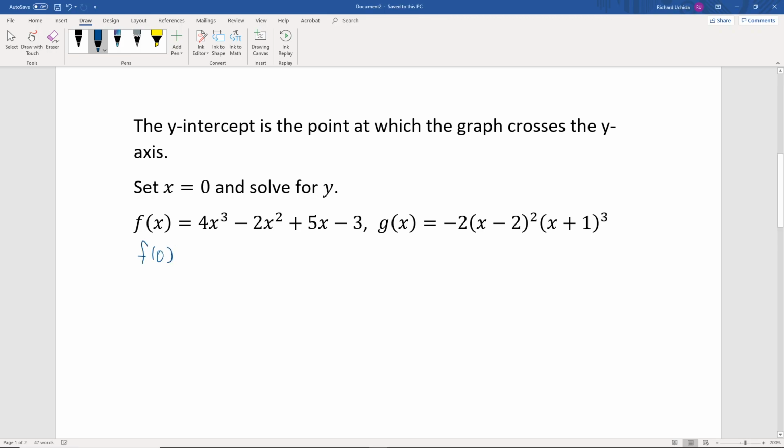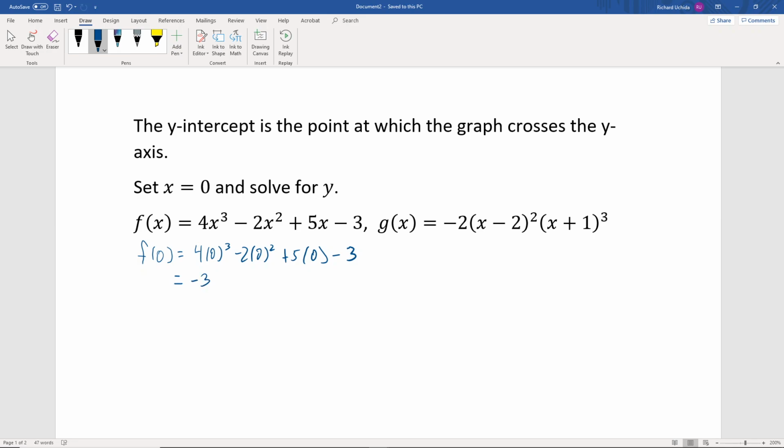So we get f of 0, which is 4 times 0 cubed minus 2 times 0 squared plus 5 times 0 minus 3. The first three terms are all just 0, because 4 times 0, 2 times 0, 5 times 0 are all 0. And so the value of the function when x is 0 is just negative 3.